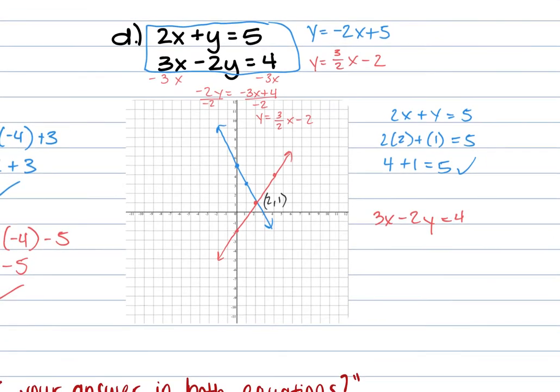Plug in 2 for x and 1 for y. 3 times 2 minus 2 times 1 equals 4. 6 minus 4 equals 4. That's not 4. That should be 6 minus 2. And we get 4 equals 4. Gucci Marucci. Questions?